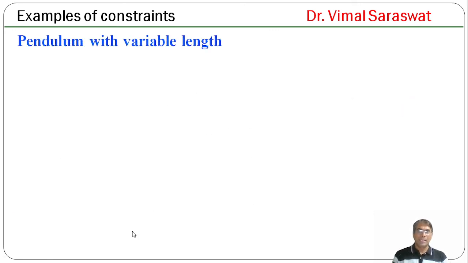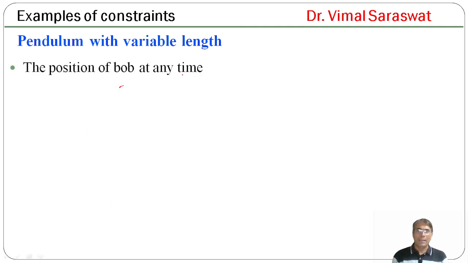The next one is a pendulum with variable length. The position of the bob at any time is magnitude r square equal to L square, and here r is a function of time because the length of the pendulum is variable.